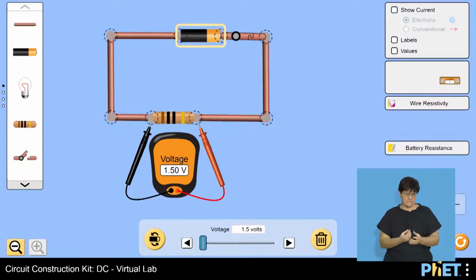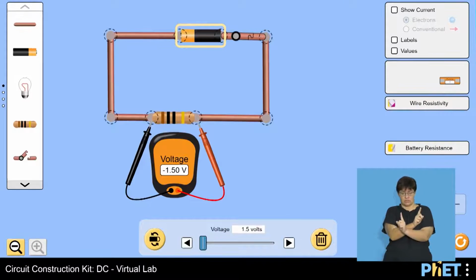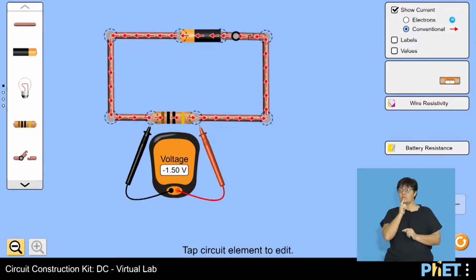What I want you to see is if we change the battery around, and now we make the positive terminal on the left-hand side, the multimeter here is reading negative 1.50. In this case, the current direction is opposite to what the voltmeter is expecting.